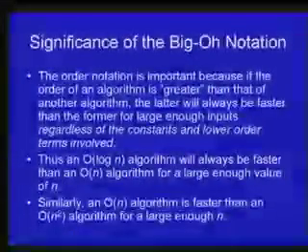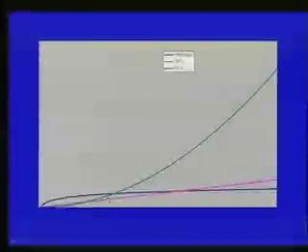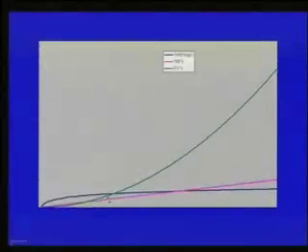Let's see this by plotting some of these functions. This plot shows three curves. The blue curve plots 1000 times log x. So this is an order log x function. Note that the multiplicative constant is 1000. The pink curve is a linear function of x.